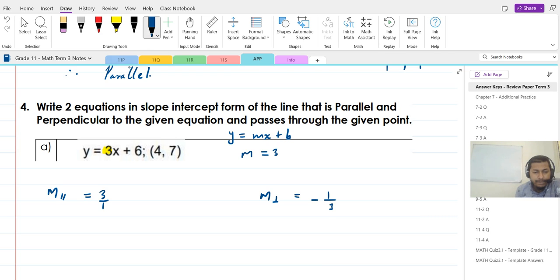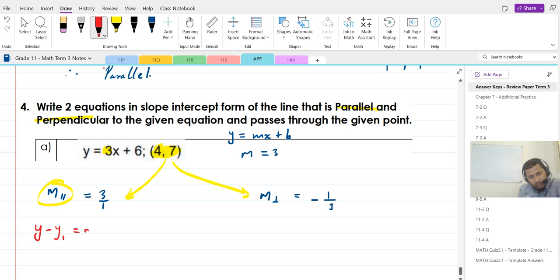Now we want to find the equation passing through this point here, right? There's a line which is parallel, the slope is there, and this is a point to be substituted, right? And perpendicular to the given equation and passes through the point. So you must write two different equations. We're going to write y minus y1 equals m into x minus x1 and then solve them.